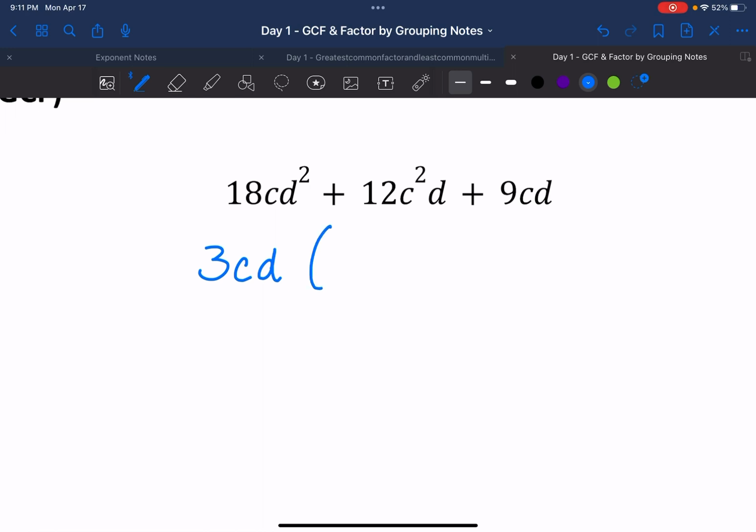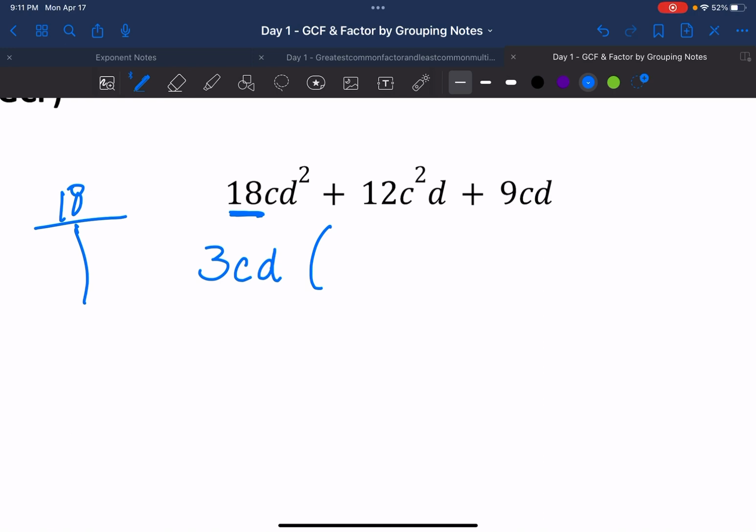But what's left over? Let's look at our first term. I want you to figure out 3 times what number is equal to 18. If you want to use your cheat sheet, look at 18. In your cheat sheet, you're going to see 18.